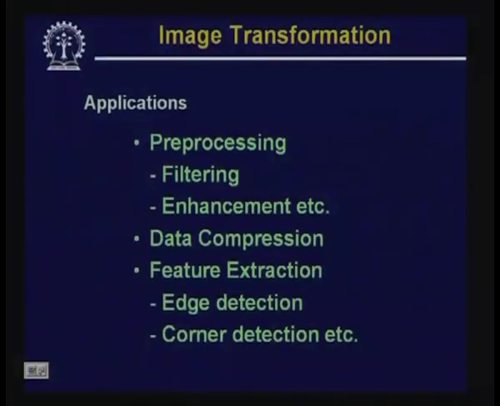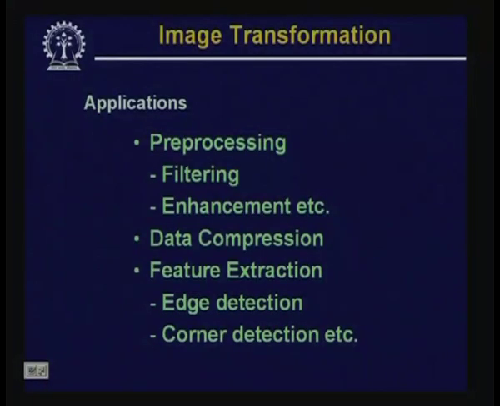These transformation techniques are also very useful for feature extraction operation. By features, I mean that in the images, if I am interested in finding the edges or the corners of certain shapes, then if I work in the transformation domain, finding the edges or the corners of certain objects also becomes very convenient.